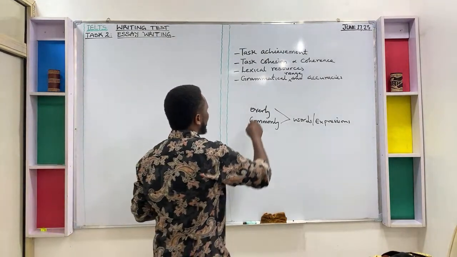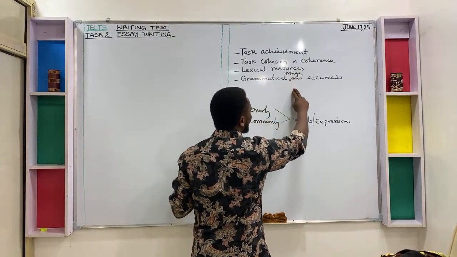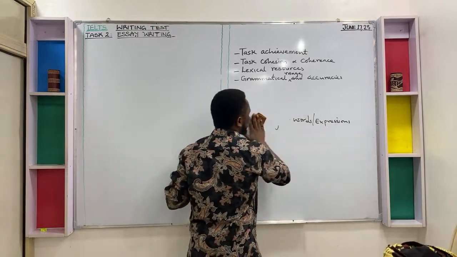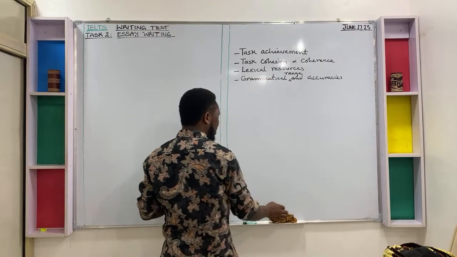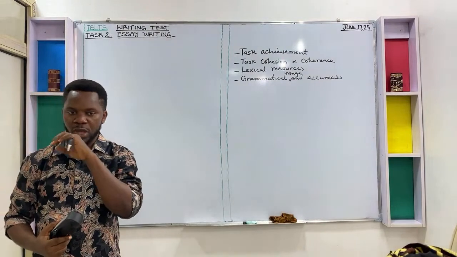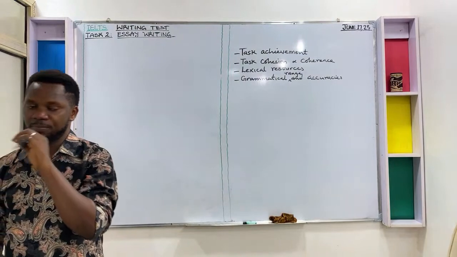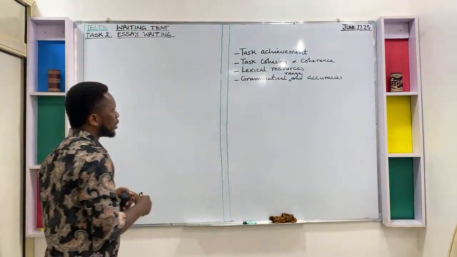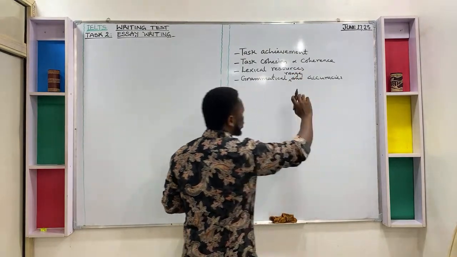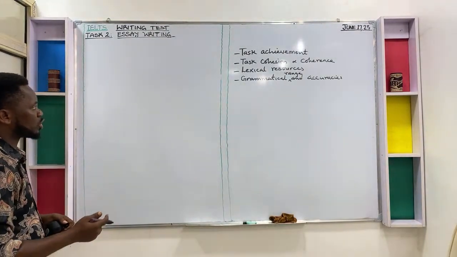And while you are expressing all of those, you are also expected to make sure that they are accurate. For instance, if you are expressing something that has happened, you are expected to use the past tense. If you are expressing something that has to do with more than one person, you are meant to bring in plural indicators. All of those will help them to know that your grammatical range is great and your accuracy is top-notch. So these are the four areas examiners evaluate in what you have written.